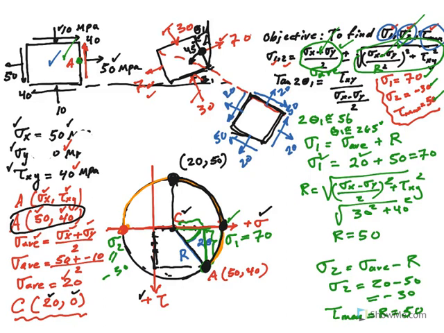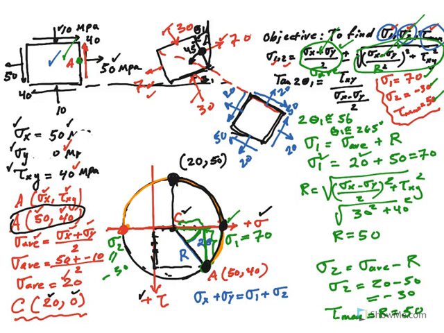Just check, guys. Notice that sigma x plus sigma y is the same as sigma 1 plus sigma 2. So any 2 perpendicular planes, the sum of normal stresses must be the same.